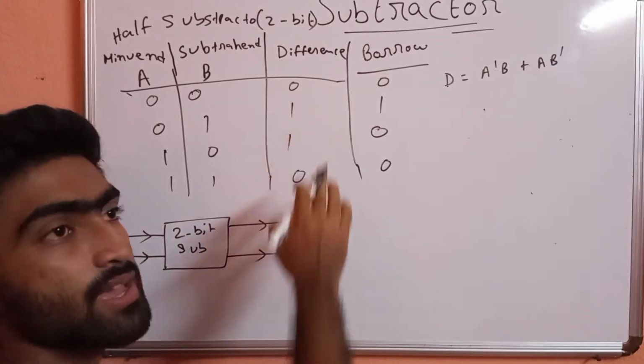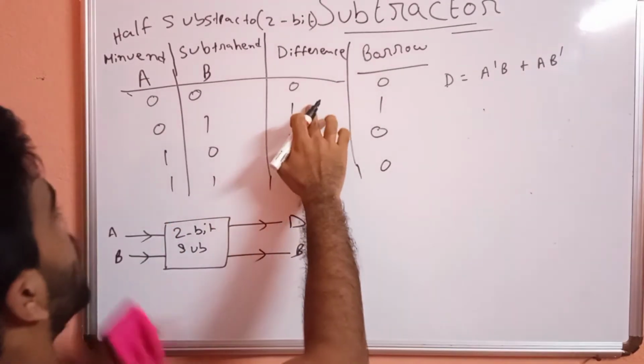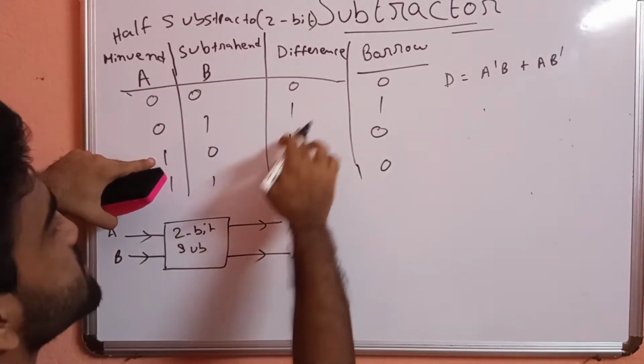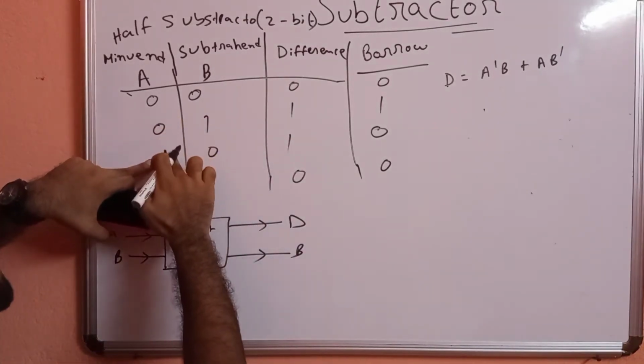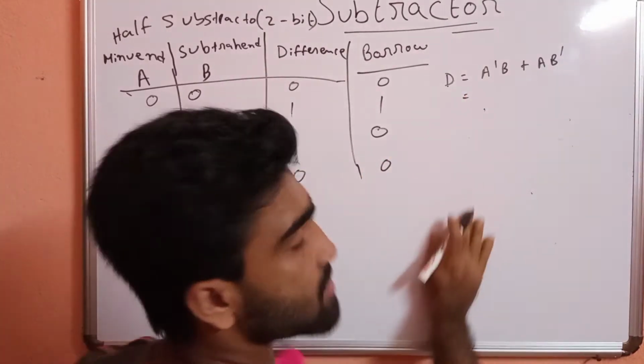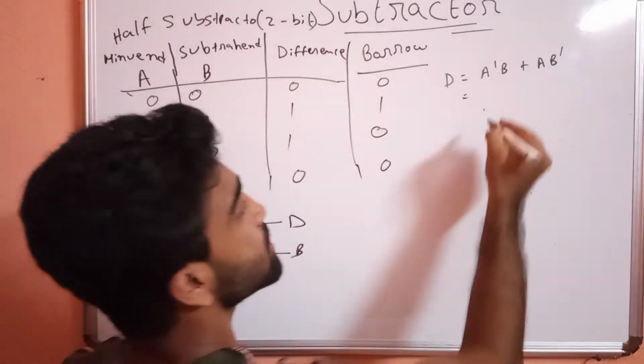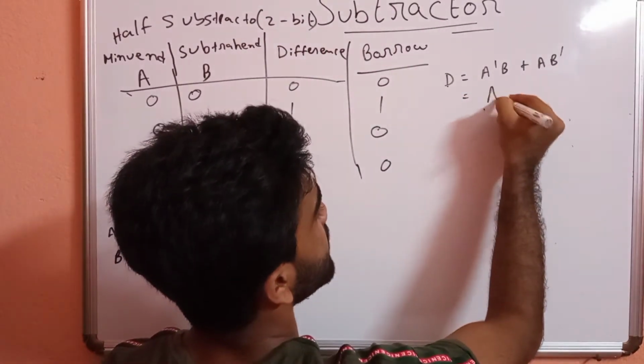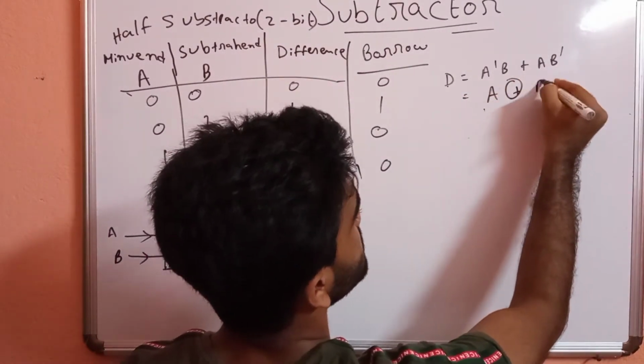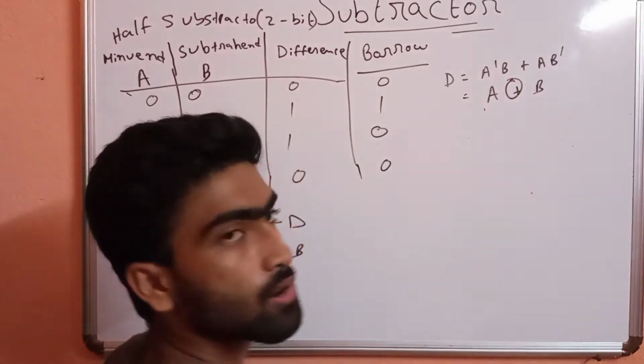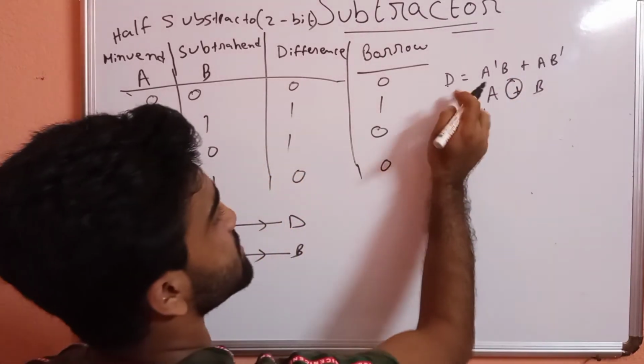We have taken the SOP expression for the 1 and 2 outputs. That means A' B plus A B'. In the half adder I showed you this expression means A exclusive OR B, or A XOR B. This is the difference of the half subtractor.